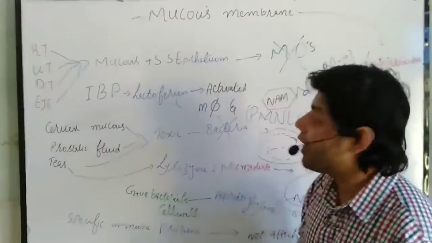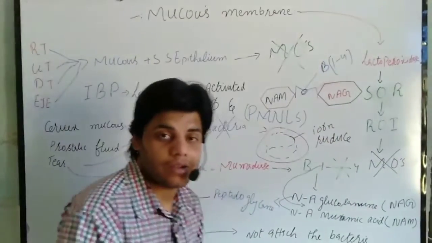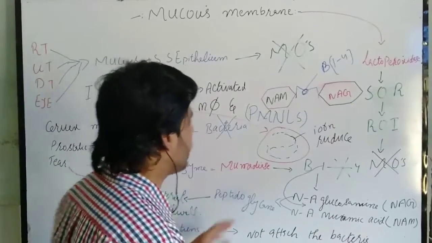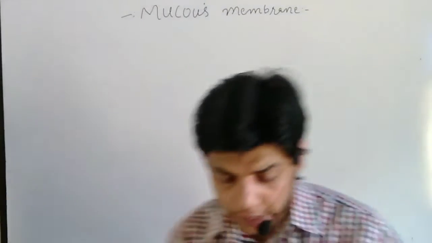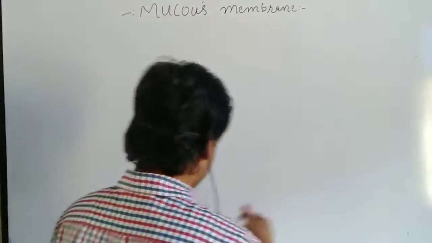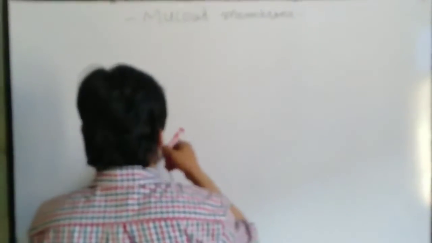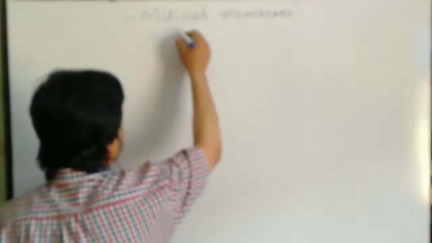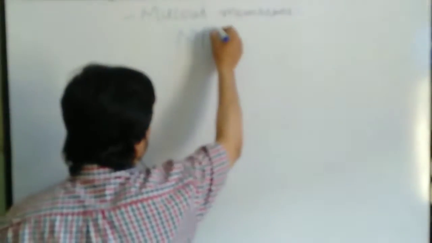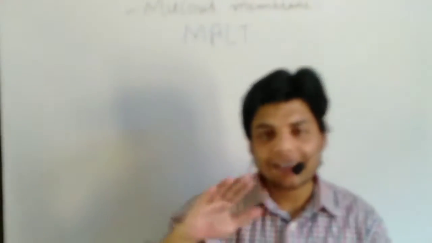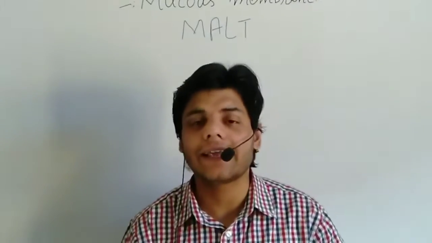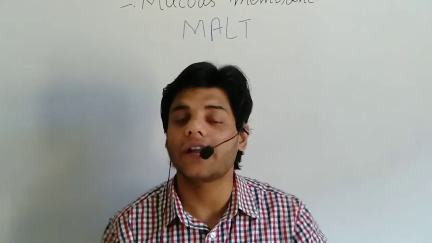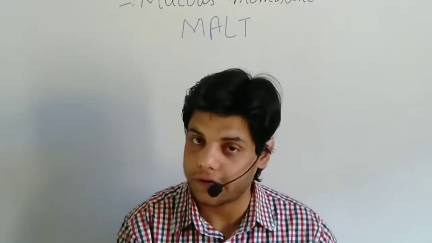Okay, so now let me explain the MALT in detail, and let me erase this one portion. Okay, now let's explain the MALT. Just like intact skin, if you remember, intact skin contains SALT, skin associated lymphoid tissue.